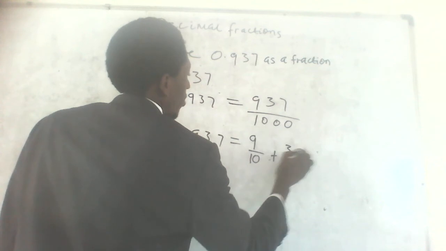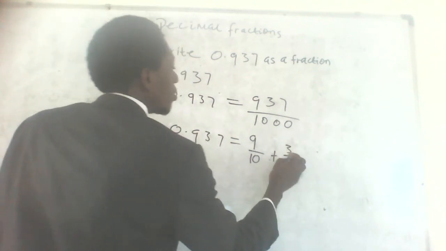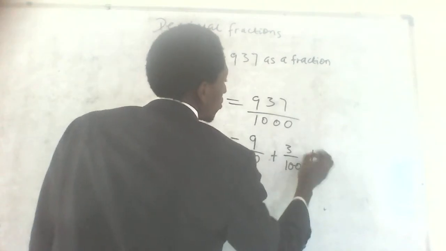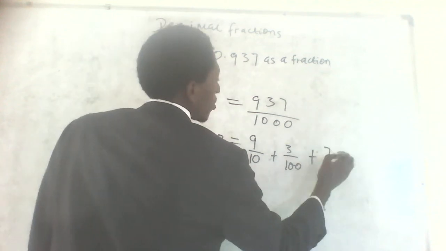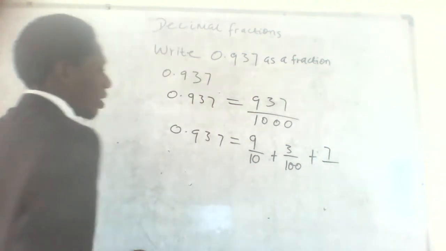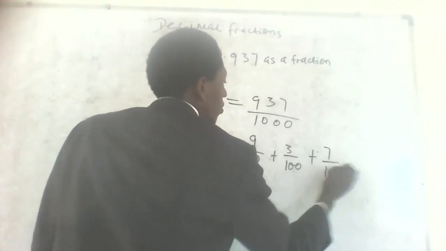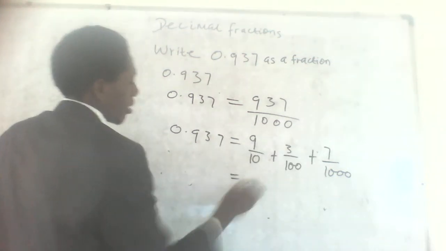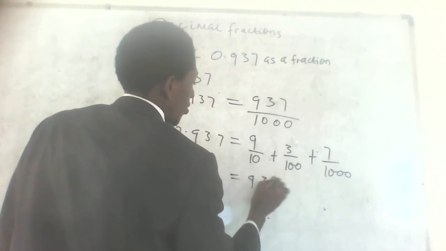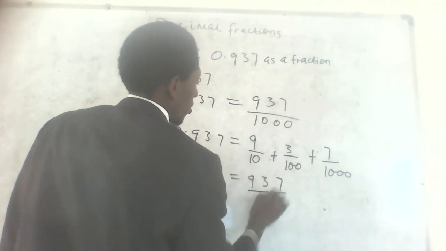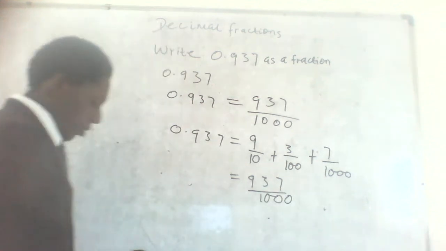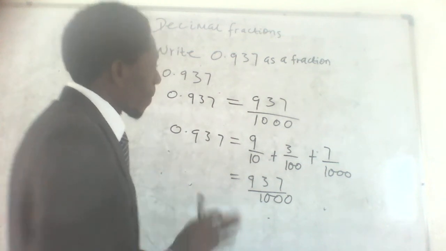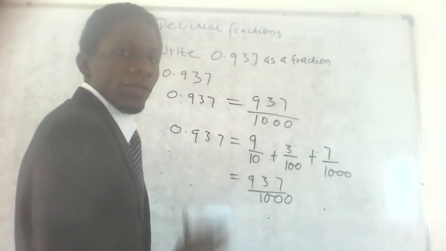We stand by 100. This is 300, and then we have 7 here. We stand in the place of 1,000. So if I add this together, I'm going to have 937 over 1,000. So this is now in fraction form. So this is just the solution for this problem.